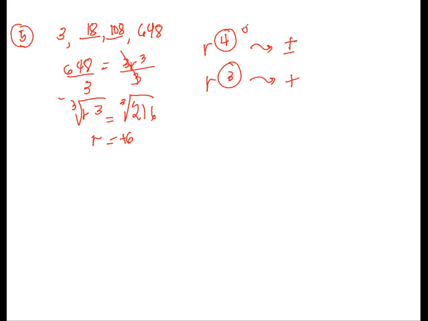So this is even. If this is odd, R is positive. So para mas maintindihan natin, sulat natin yung R. So R is positive, negative. Pag odd, positive lang. Okay?